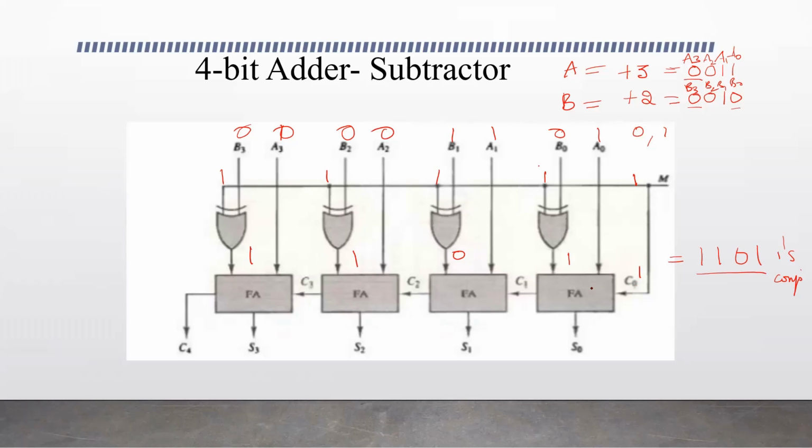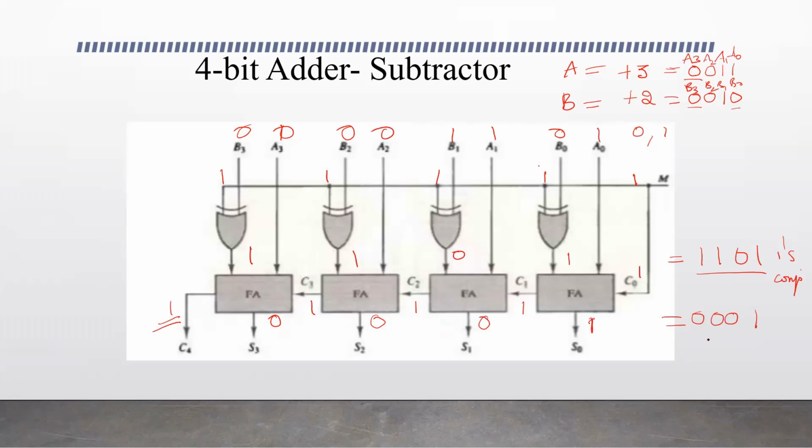Adding: 1 plus 1 plus 1 is 1, 1, so the carry is 1. 0 plus 1 plus 1 is 1, 0 with carry 1. 1 plus 0 plus 1 is again 1, 0 with carry 1. 1 plus 1 plus 0 is 1, 0 with carry 1. So the result here is 0, 0, 0, 1.